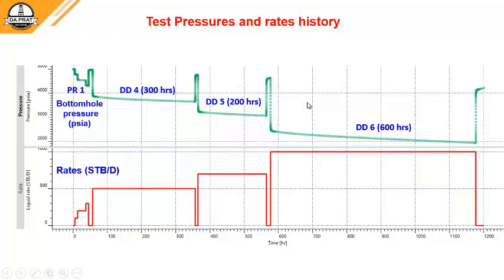Even though you can have this bottom hole pressure from extrapolation from the wellhead pressure and rates. So what I'm trying to say is that if it's not directly measured, you can get it indirectly by using gradients or correlations.